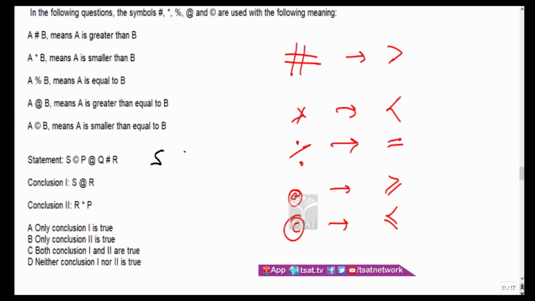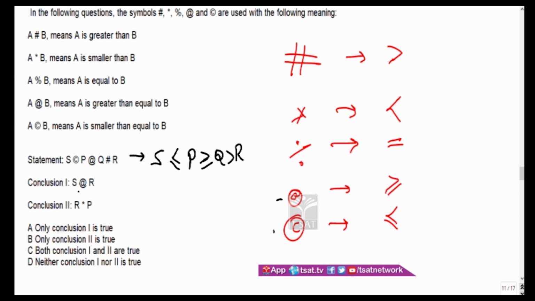The statement is in between S, P, Q and R. So S C P means the symbol C represents less than or equal to P. Now P at the rate Q, so the at-the-rate symbol represents greater than or equal. Now this hash symbol represents only greater than. So these are the statements, and this statement is now converted into greater than and lesser than.